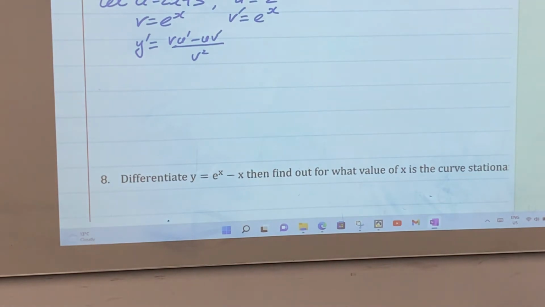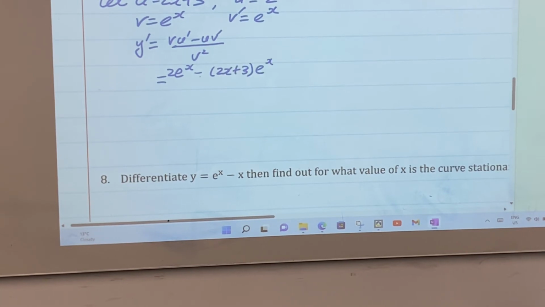Okay, so v is e to the power x. u dash is 2. I'm going to write the number before the letter. u is 2x plus 3. v dash is e to the power x. v squared, so it's e to the power x squared.